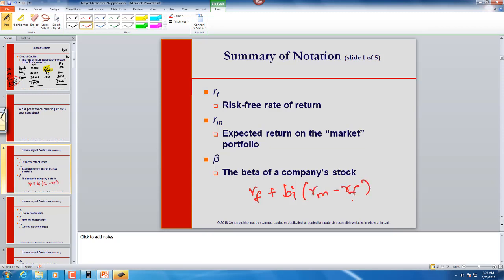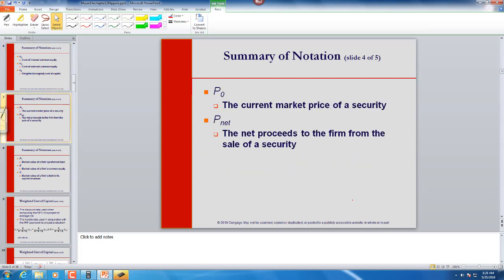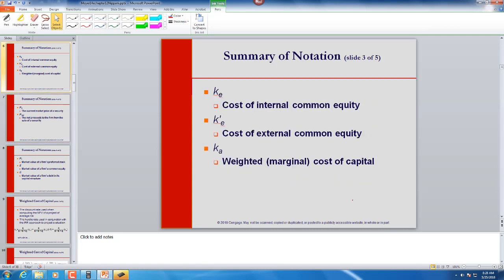That's one way to do it. We'll also talk here about K_re and K_e, which are slightly different from each other, because one of them is the cost of retained earnings, which means you already have the money as a company. The other is the cost of external common equity, which means issuing new equity stock.